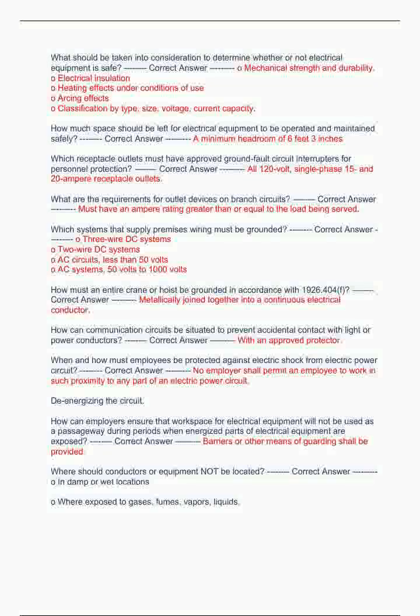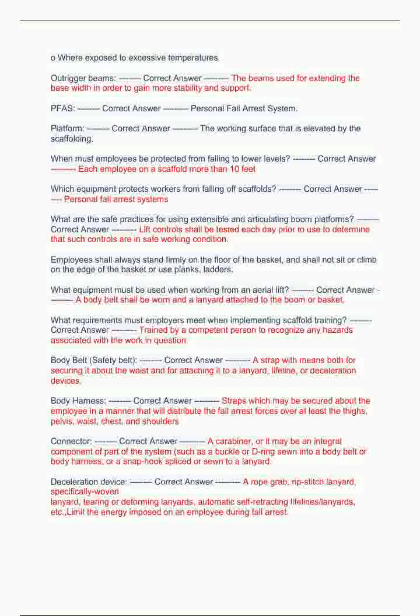Correct answer: barriers or other means of guarding shall be provided. Where should conductors or equipment not be located? Correct answer: in damp or wet locations. Where exposed to gases, fumes, vapors, liquids. Where exposed to excessive temperatures.